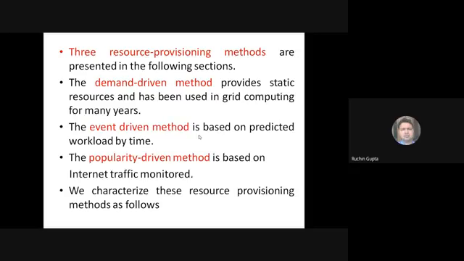So all the people are expected to use this income tax platform of the government of India to file their returns. So in the month of August, a peak number of users will be accessing the website of the income tax department of India. Depending upon the event, we can decide how many resources need to be provisioned for a certain period of time. So this method is called the event driven method.